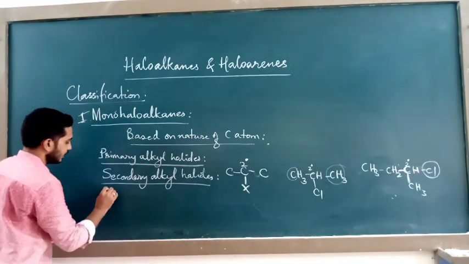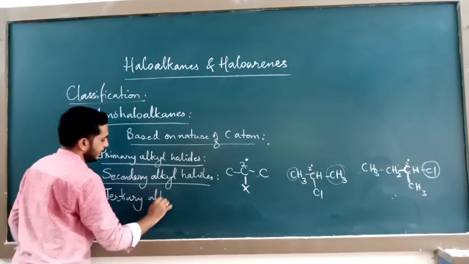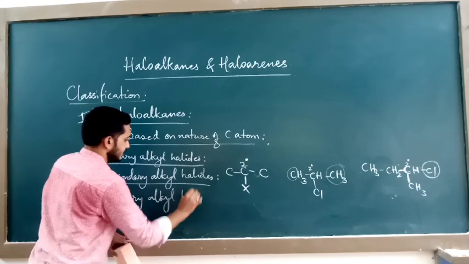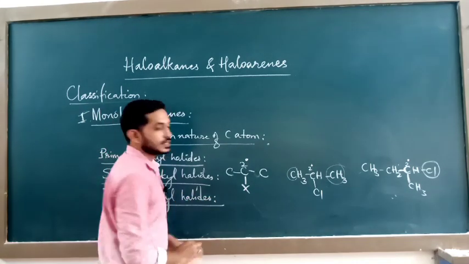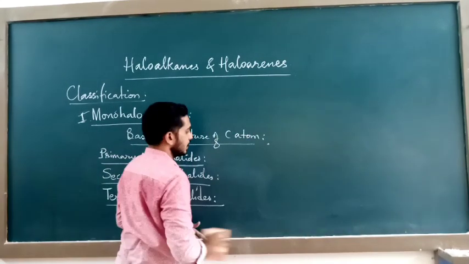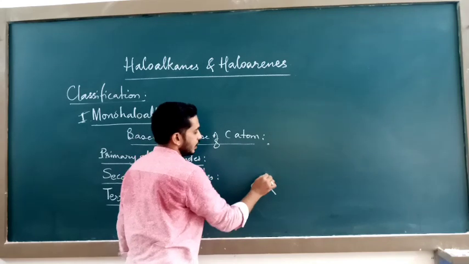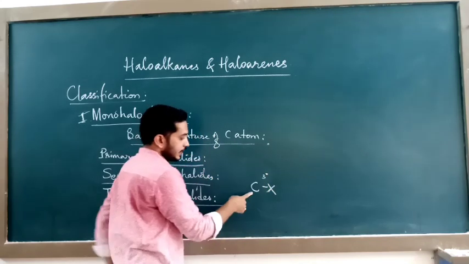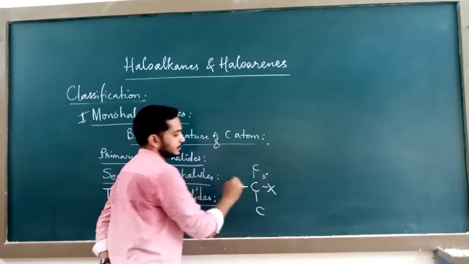Then third, tertiary alkyl halides. What are tertiary alkyl halides? Tertiary alkyl halides are those in which the halogen atom is attached to a tertiary carbon atom. Now, what is a tertiary carbon atom? A tertiary carbon atom is the one which is attached to three carbons.